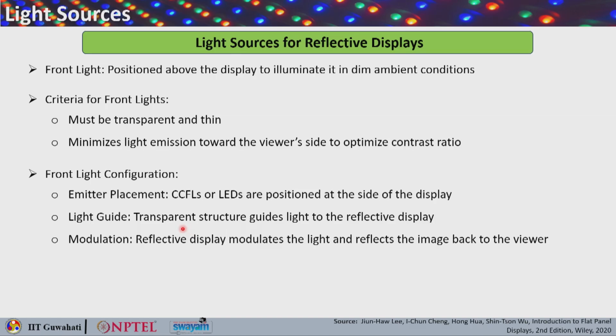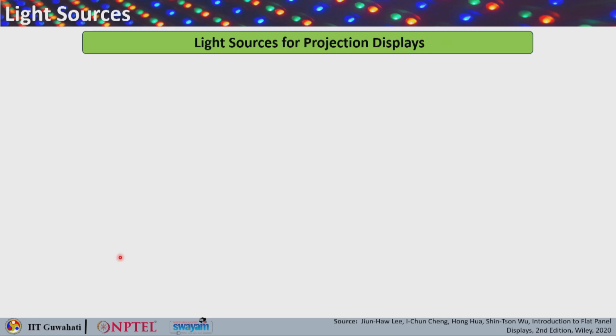So, you can use a transparent structure that can guide light to the reflective displays, and the reflective display also modulates the light and reflects the image back to the viewer. So, there are basically 3 front light configuration aspects. One is the emitter placement, which is important, then you have the light guiding, and then the modulation aspect.